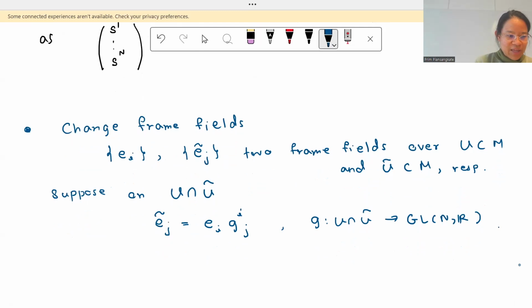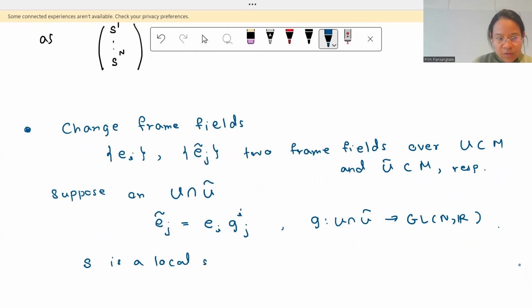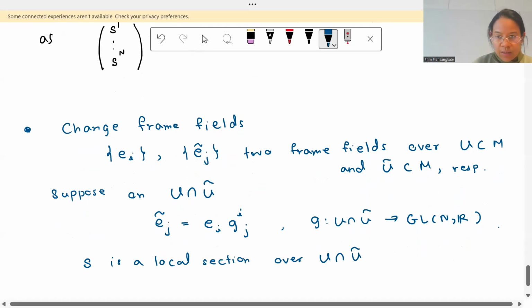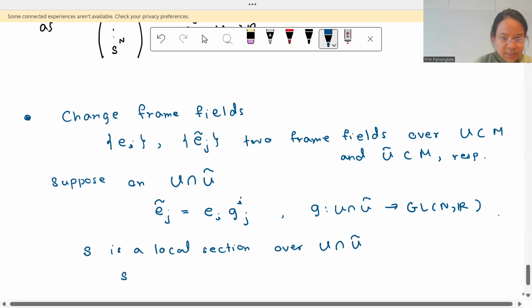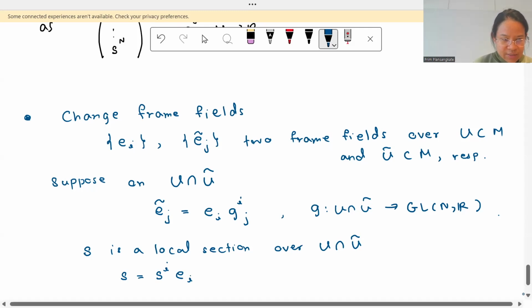It can be worked out that if S is a local section over the intersection, and suppose S is written in the frame field E like this, and with respect to the frame field E tilde like this.